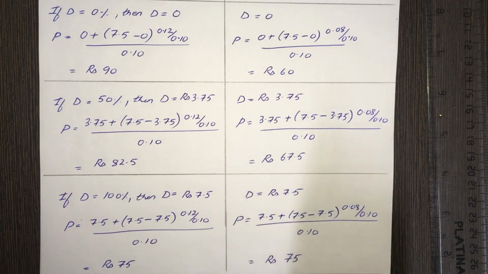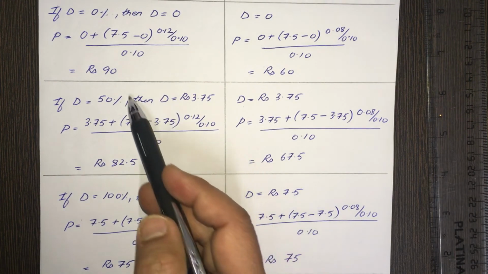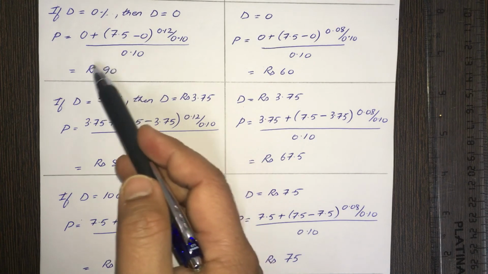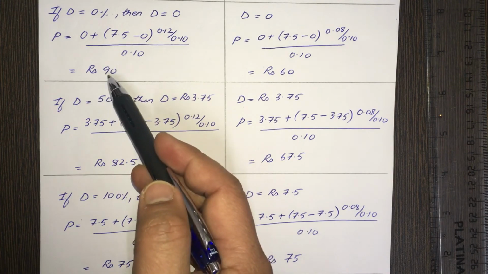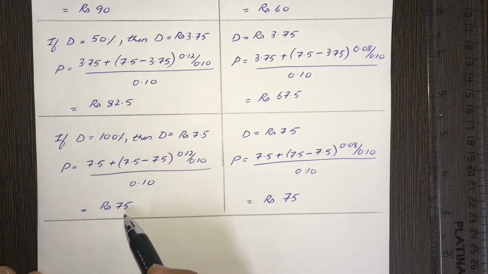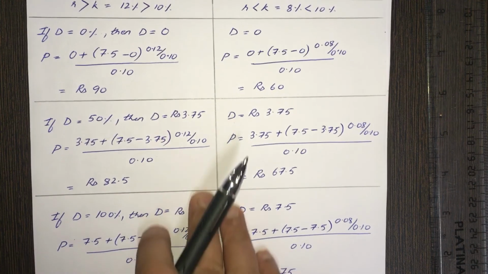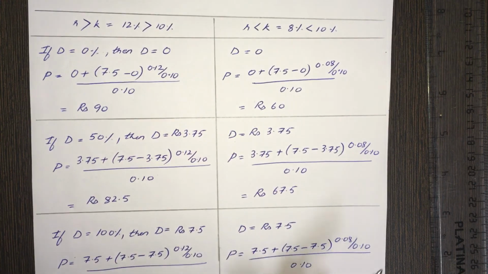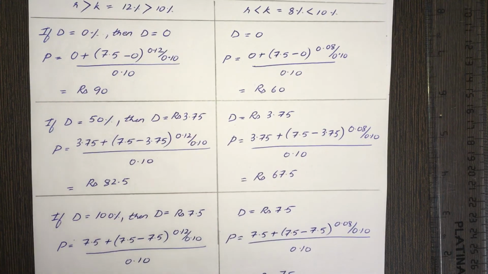Will be nil, 0%, because at 0% the price per share is maximized, rupees 90, but at 100% it comes down to 75. So I would say for a growth firm where R is greater than K, the optimal dividend payout ratio should be nil, 0%.